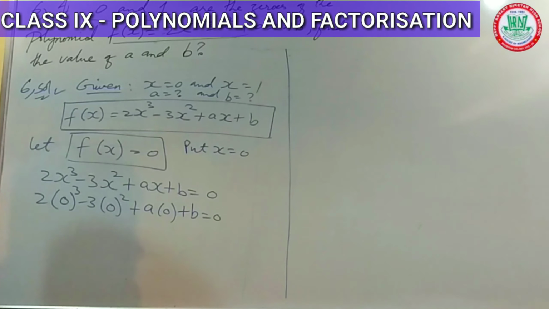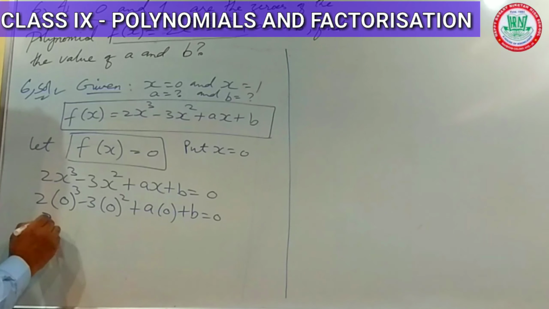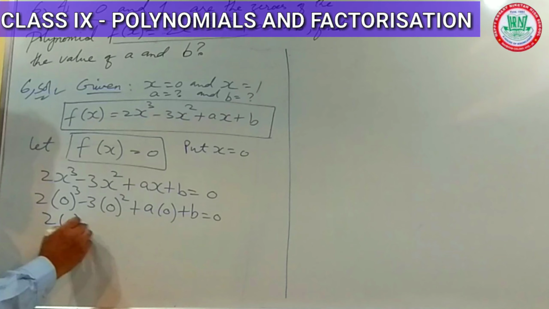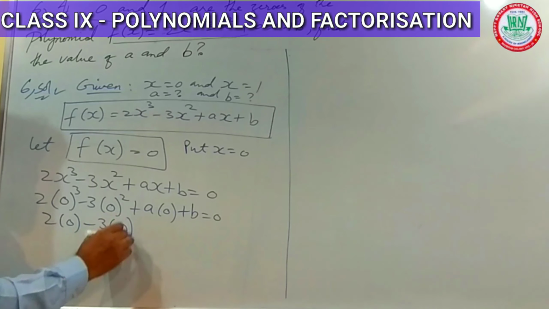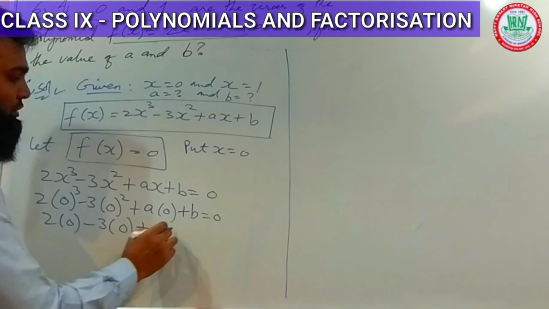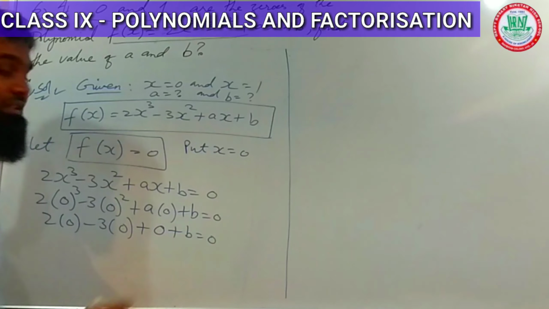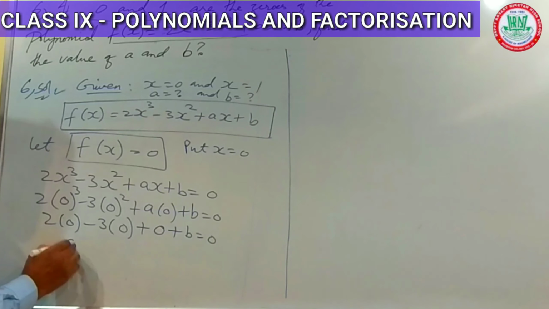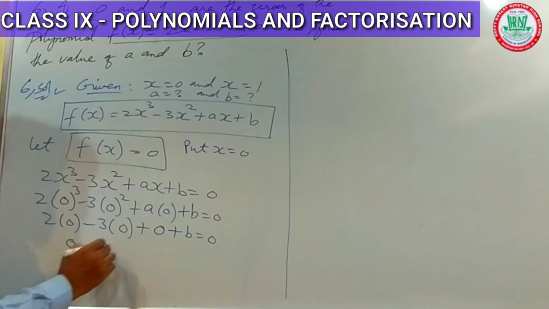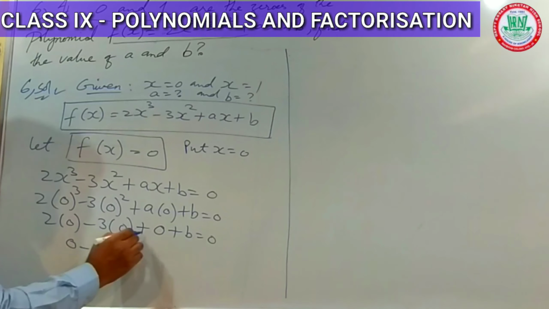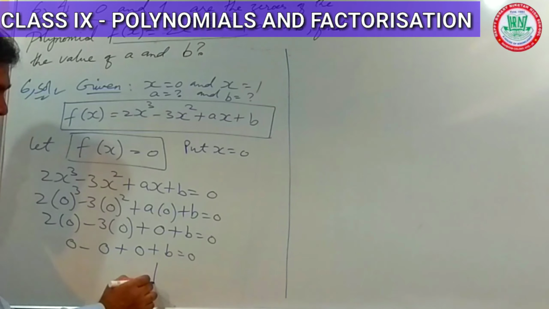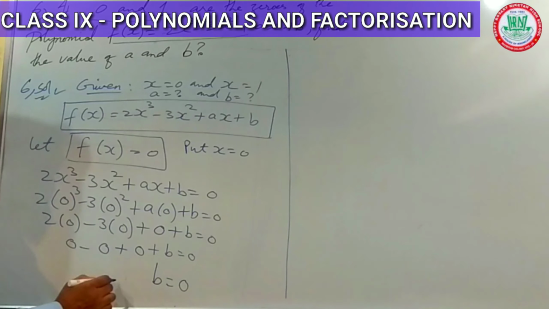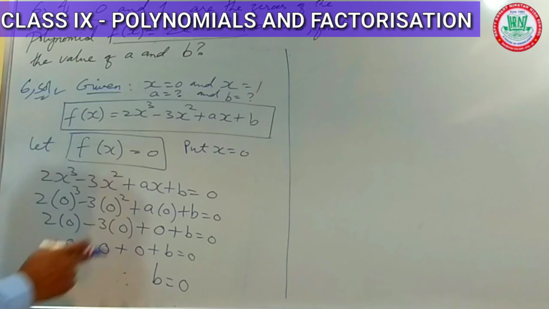Now 2 into 0 cube is 0, minus 3 into 0 square is 0, plus a into 0 is 0, plus b is equal to 0. Now 2 zeros are 0, minus 3 zeros are 0, plus 0 plus b is equal to 0. Therefore b is equal to 0. We got b as 0.